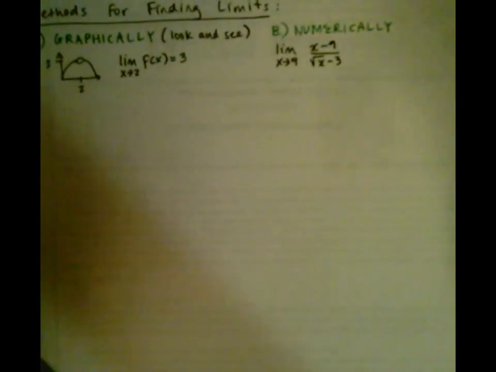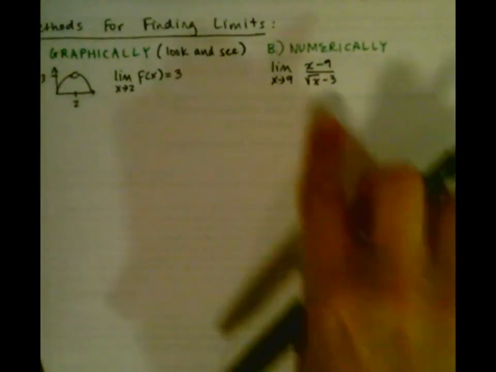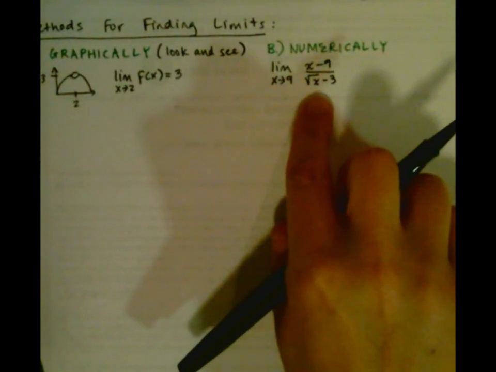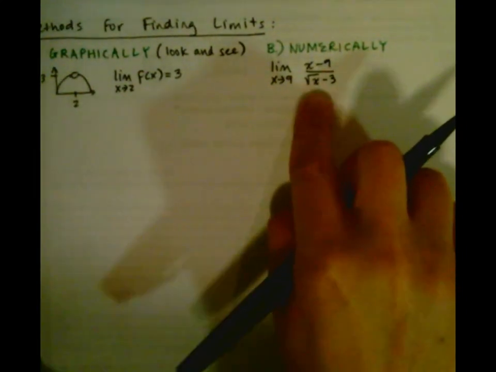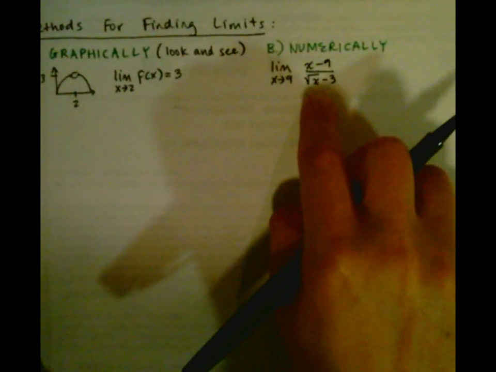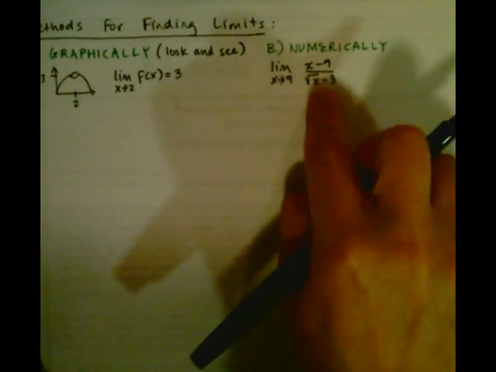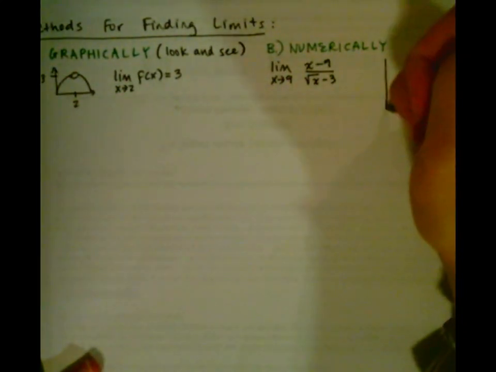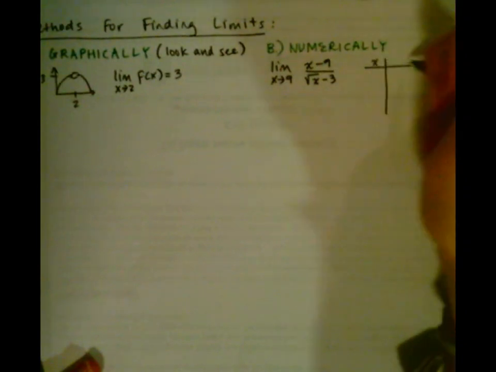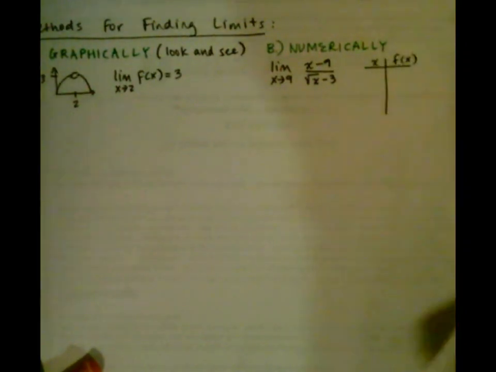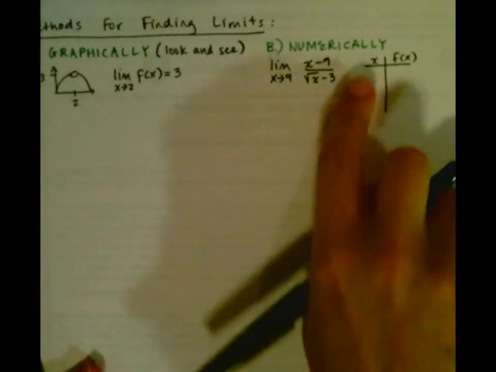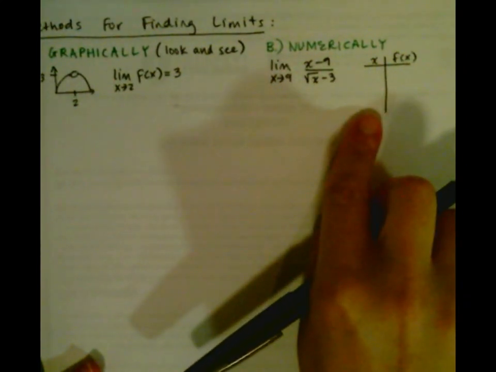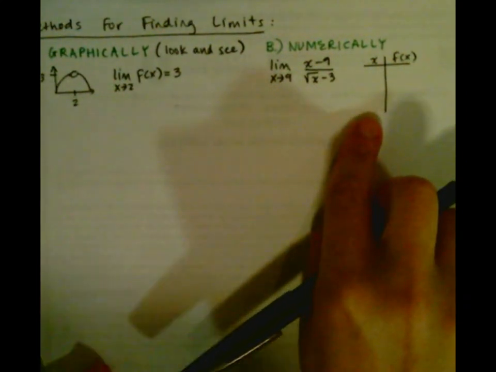If I didn't give you a graph and I just gave you this, you might not know exactly what to do. I don't really know what this graph looks like, or what it's doing as x approaches 9. But one thing I could do is create a table of values, and think about plugging in x values that are getting closer and closer to 9.